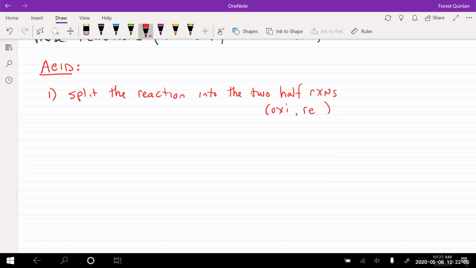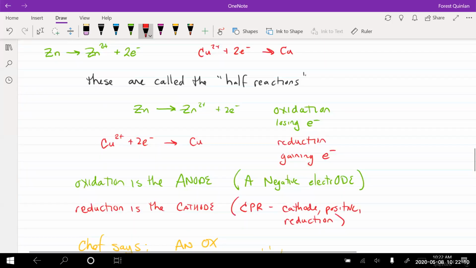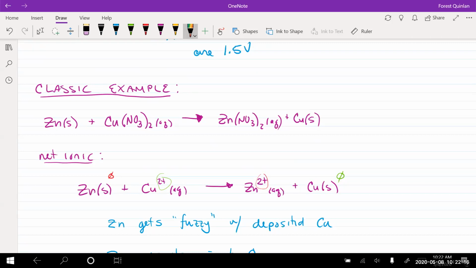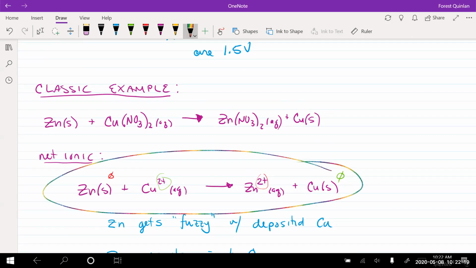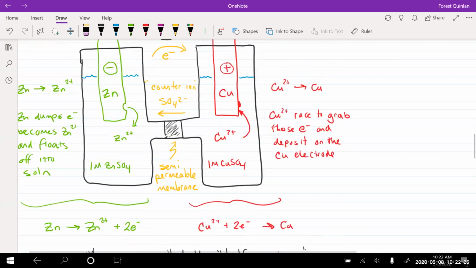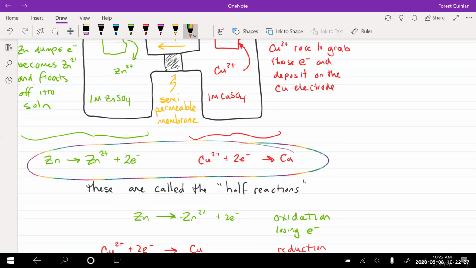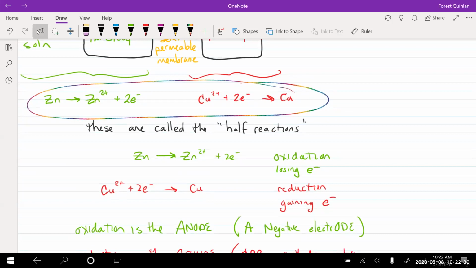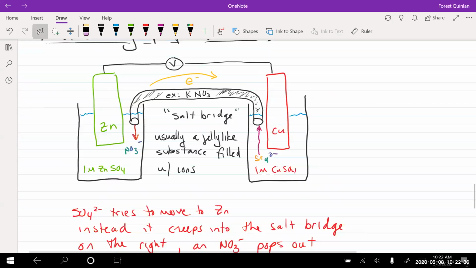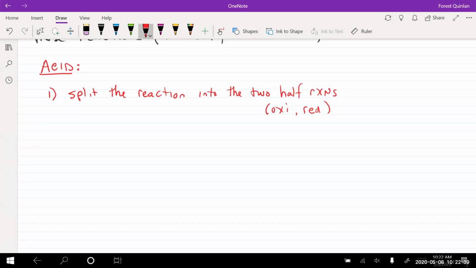I know I'm going to come back so you can finish writing it, but what I'm talking about here is when we took this overall reaction right here, getting rid of the spectator ions, and we ended up breaking it apart into its 2 half reactions that we see here. That's what we want to do. We want to take the overall and split it up. And we'll do this to each of the halves, okay? So to balance each of the halves, number 2, balance all atoms who are not oxygen or hydrogen.